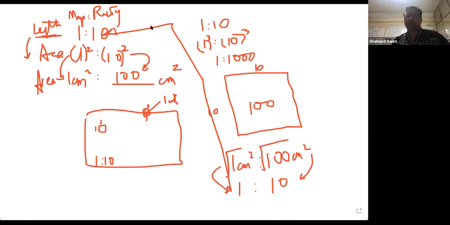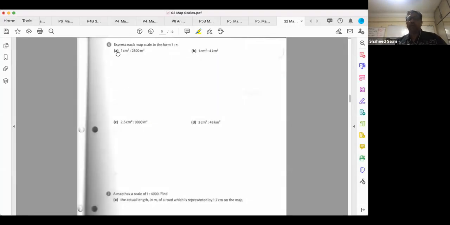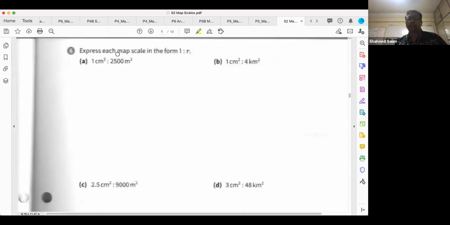Okay, so now we go here. We try. I assume you have done this in school. So if not, don't worry. Okay, we try question number 1. This is 1 square cm to 2,500 square meters. But you don't need to square root it. Sorry, this one you don't need to square root it. You just change it to the thing.